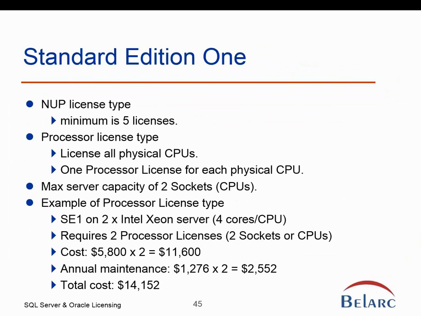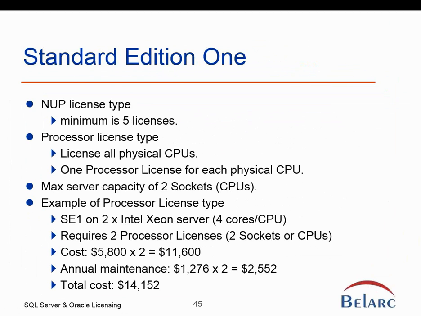Okay, so they have something called the Standard Edition 1, which is an even lower cost edition than the standard. As far as the licensing types of the named user plus in the processor, it's the same as for the standard. Either 5 named users or license all the CPUs, again, ignoring the cores. The difference is in the maximum capacity of the computer that you install it on.